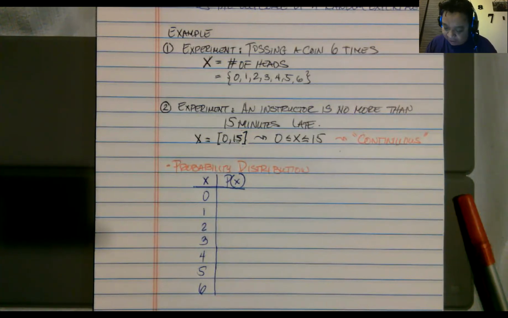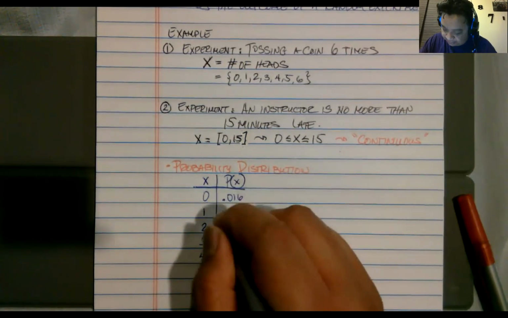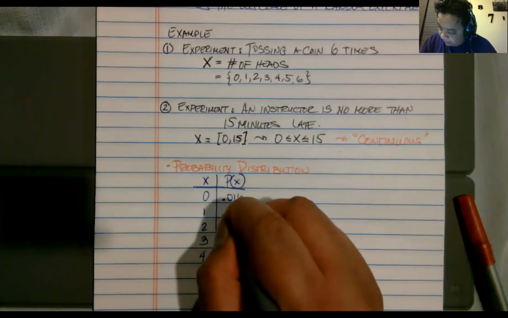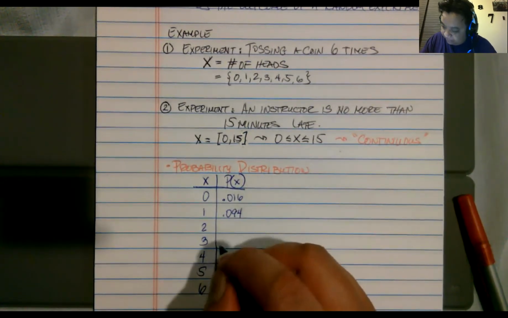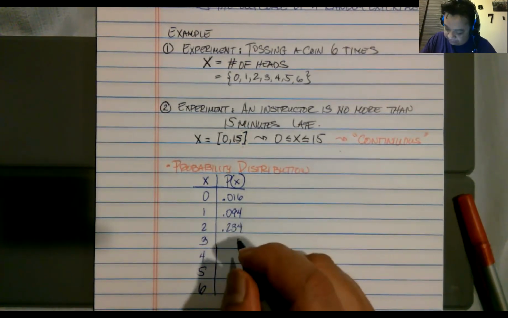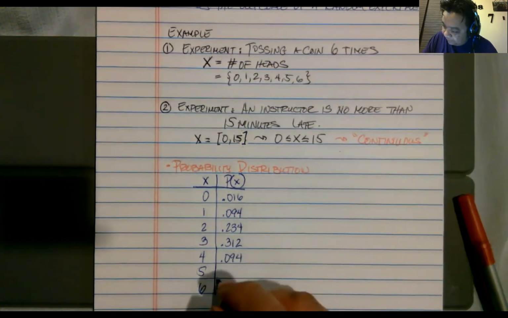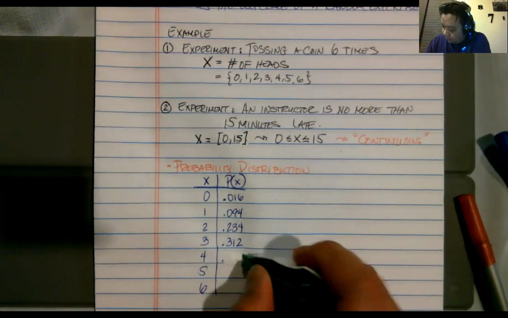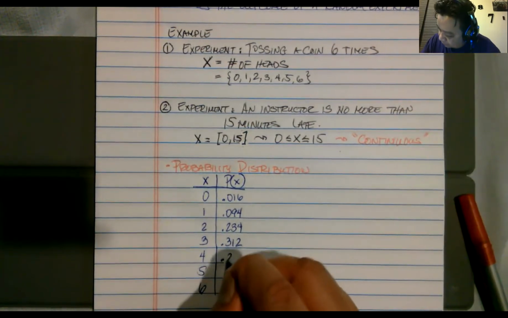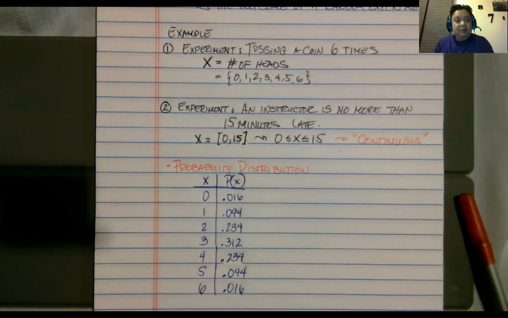I want to put the correct table on there. So this is the table: 0.016, 0.094, 0.234, 0.312, 0.234, 0.094, and then 0.016.